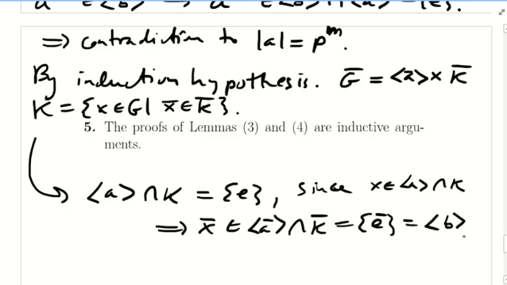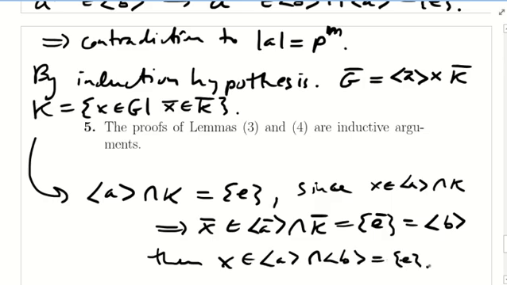That is B. All right, but if X is in the subgroup generated by A and B, then it's in the intersection, which we know is the identity. Okay, so that shows that much.